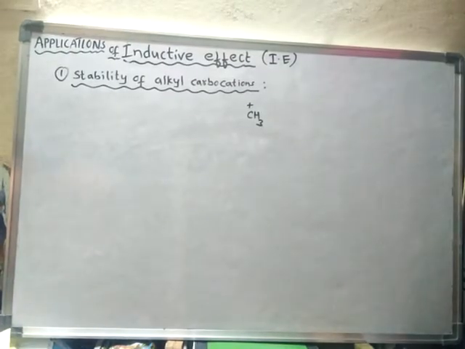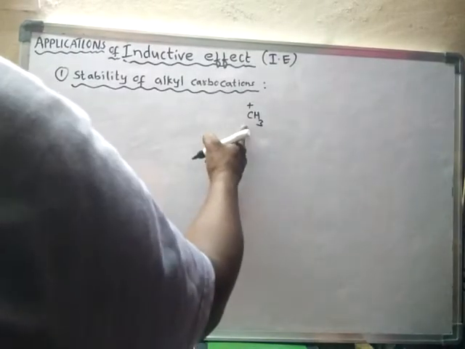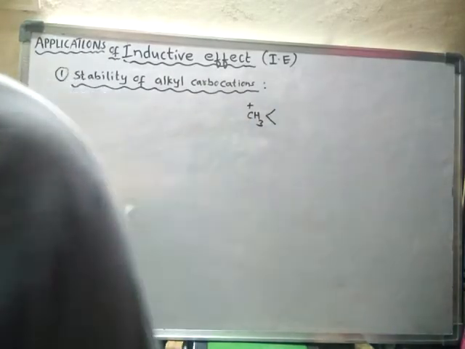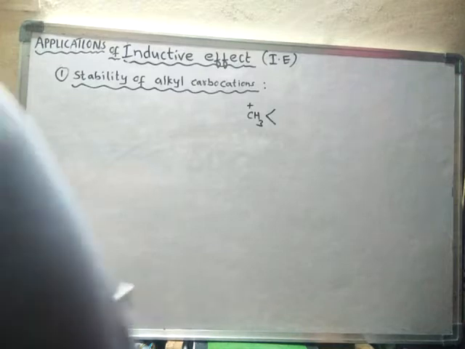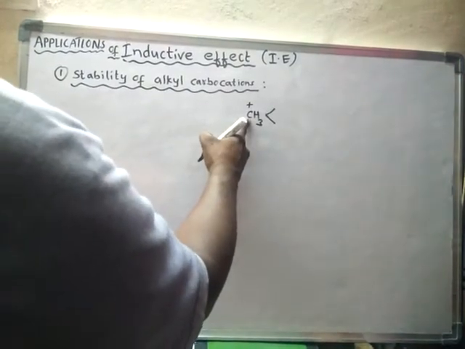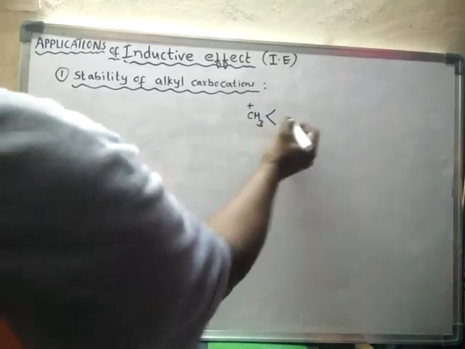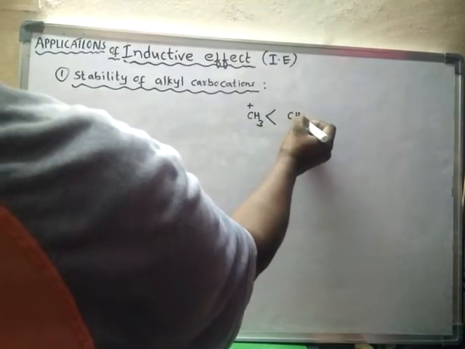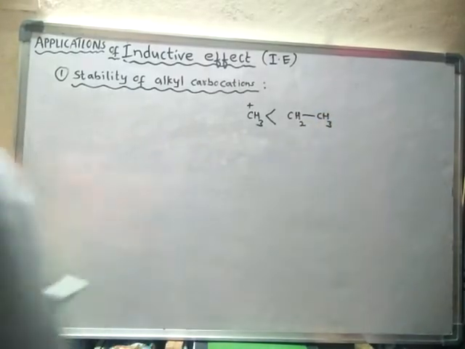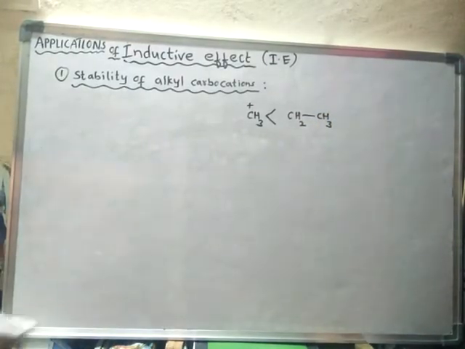Here the methyl carbocation is somewhat less stable. Actually there are three hydrogens on this carbon. Suppose one hydrogen is replaced by a methyl group, then what happens?